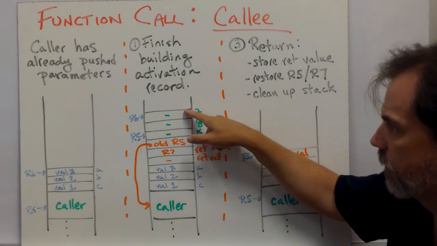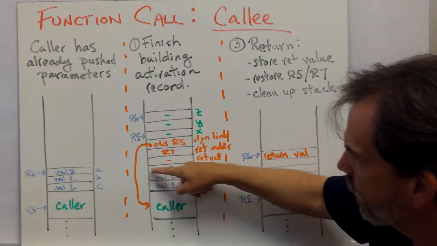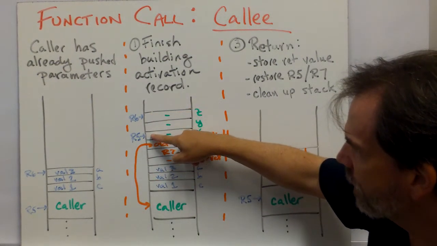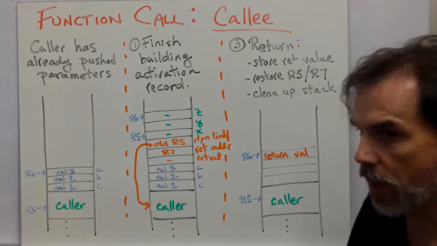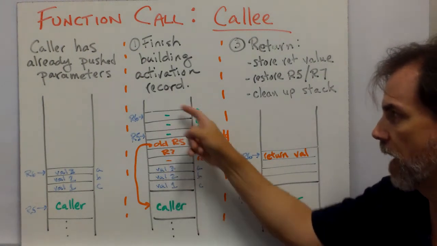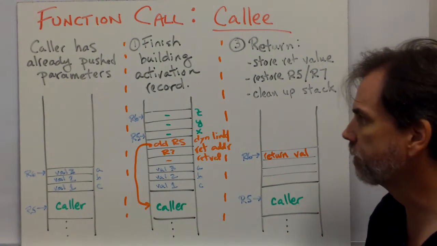We push space for our local variables, and we see R6 has moved from here to here as a result of all this pushing. And we also set R5 to point to this location, which is our local variables. Now anything we do relative to R5 is going to access things in our activation record.